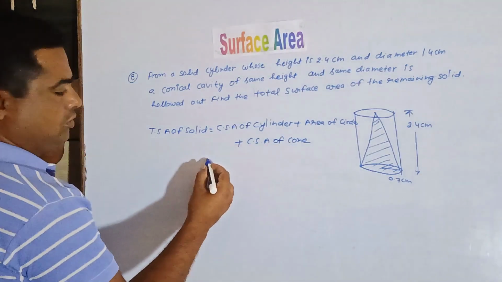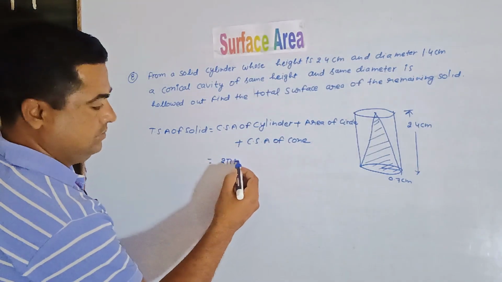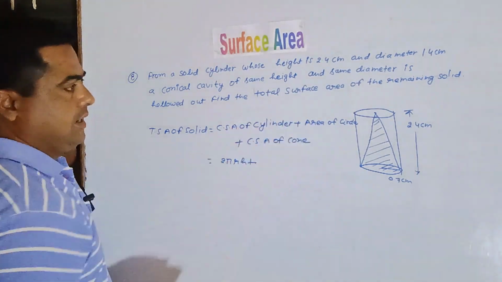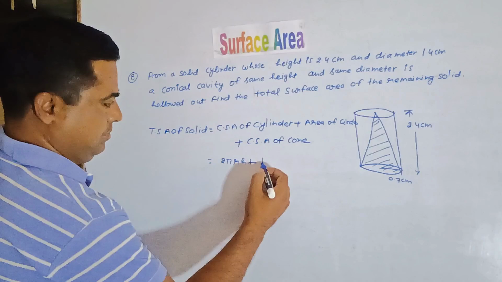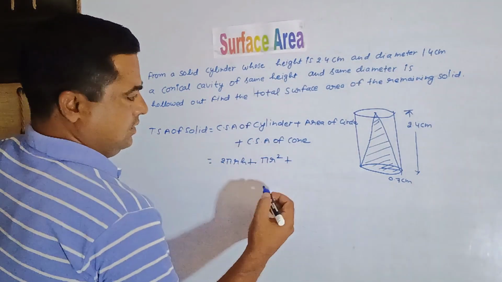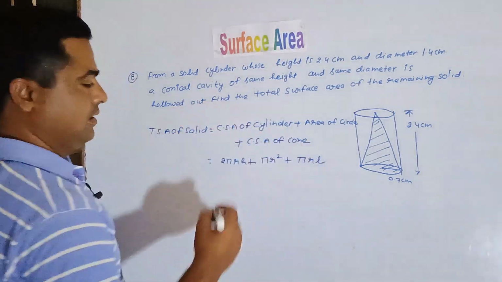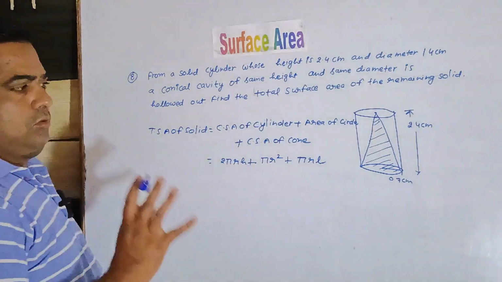So students, we will put all the values here. Curved surface area of the cylinder is 2 pi r h, plus the area of the circle, this is pi r square, and the curved surface area of the cone, this will be pi r L. Students, we need L also.